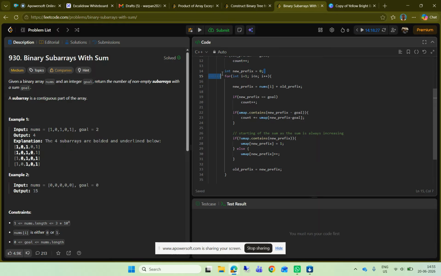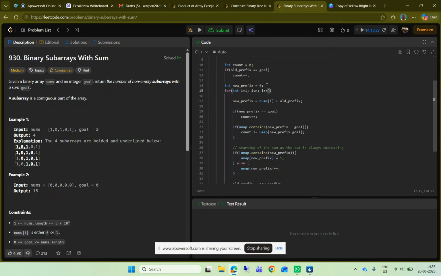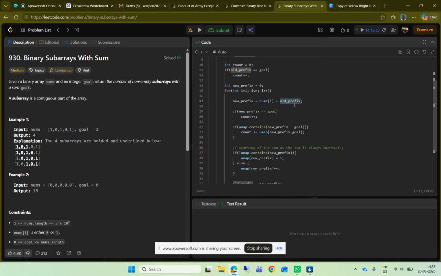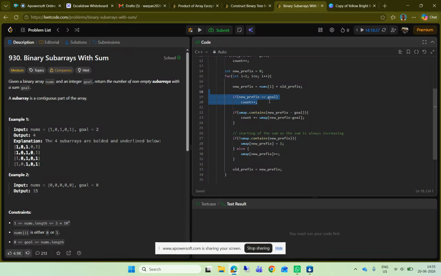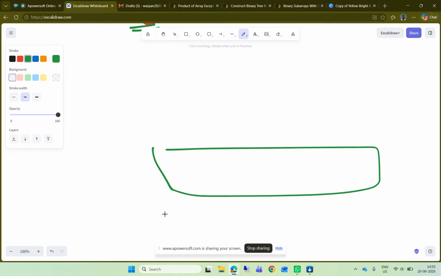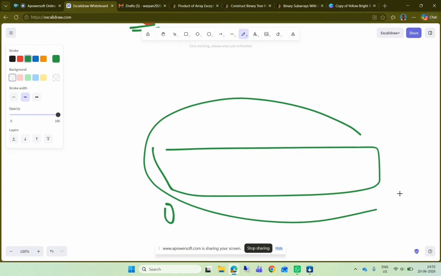Then a new prefix. This is just initializing it. We have the old prefix, and as I explained in this empirical relation, this old prefix is sufficient to calculate the new prefix. So that is what is happening here. And then, if the new prefix equals goal, that means the prefix sum from 0 itself is equal to goal, so obviously this is a valid subarray.